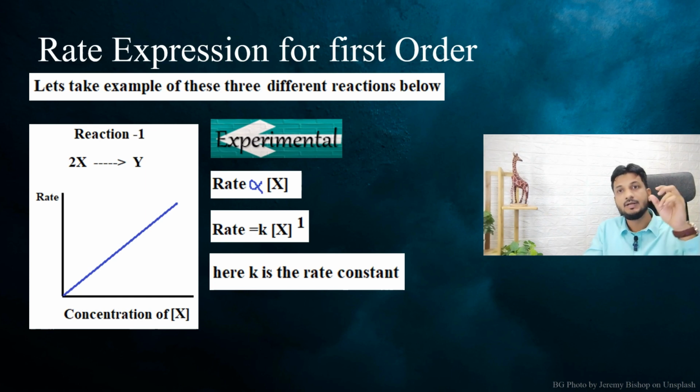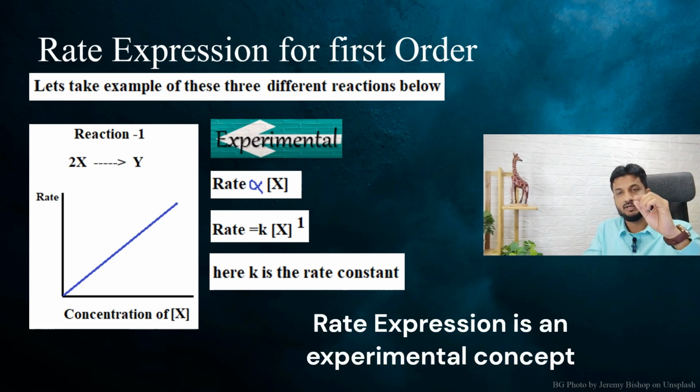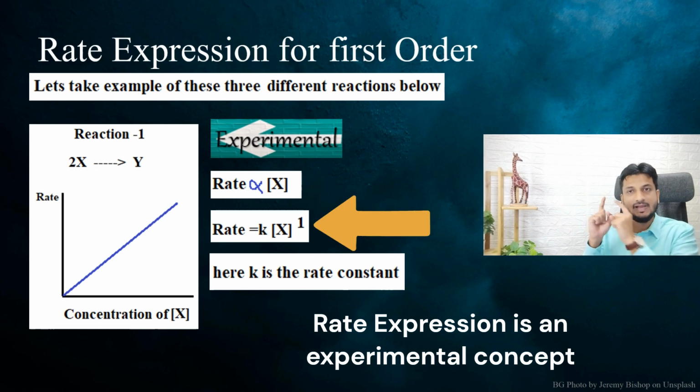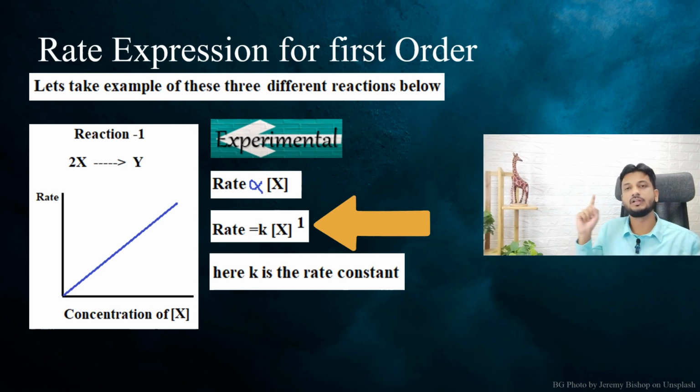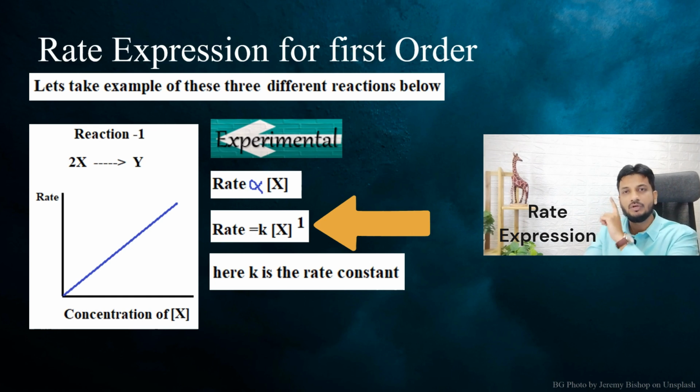Point number three, when you put a constant there and you remove the proportionality, that constant is called rate constant K, and the final expression which you get is called rate law or rate expression of this reaction. So in my example, the rate expression is rate equals K [X] to the power 1.